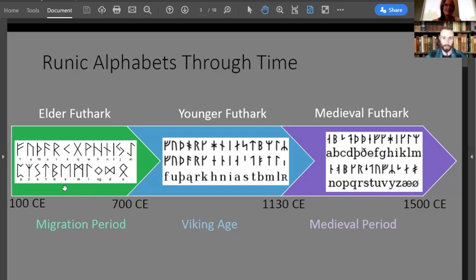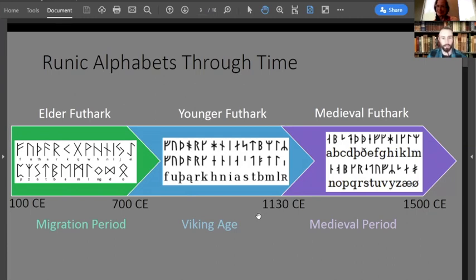So these are used between roughly 100 and 700. Between about 500 and 700, we start to see changes happening, and the language is changing, and the runic alphabet is also transforming, and it transforms into the Younger Futhark, which is used during the Viking Age, so between about 700 and 1130.